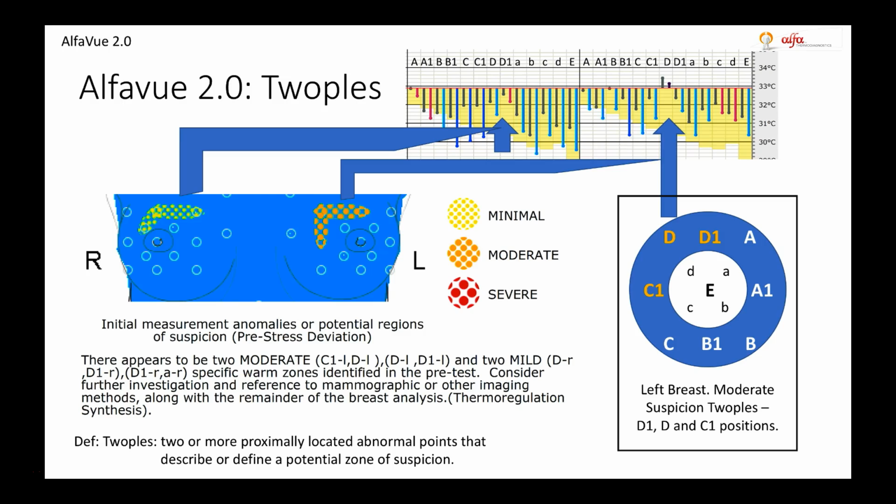So here we see in the breast itself, you can see on that right side, which is the left breast, that D and D1 and even C1 are coming up instead of going down in the stepwise down pattern. So those are deviating, and that evolves that dotted orange look in the coloration model of the breast, and then we name those points. This is a new criteria. It constitutes the 13th criteria of suspicion.